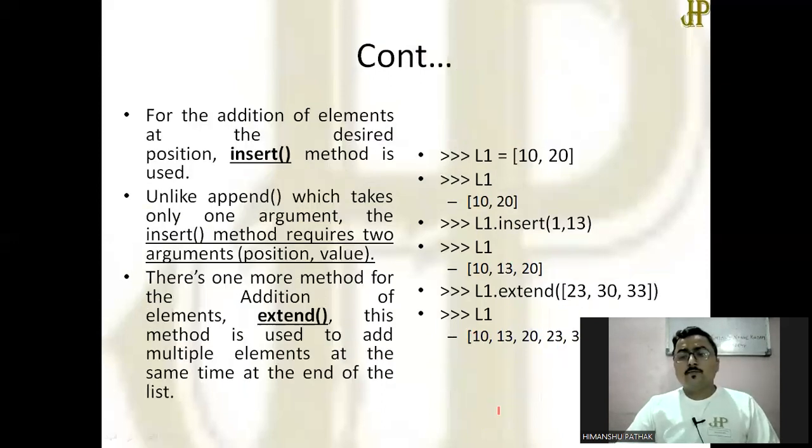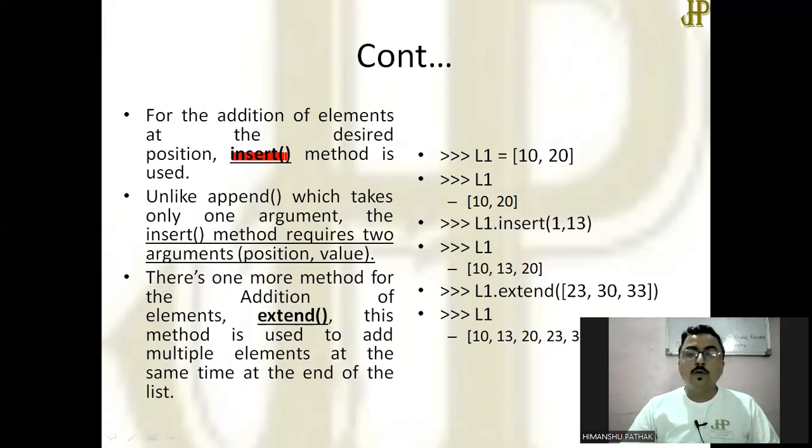Another function that can be used to add an element in the list is insert. But in insert, you have to supply two things. The first one is the position value where you want to insert. There is a drawback of append: the new element will be added at the end of the list.